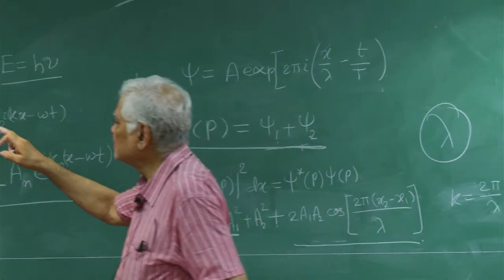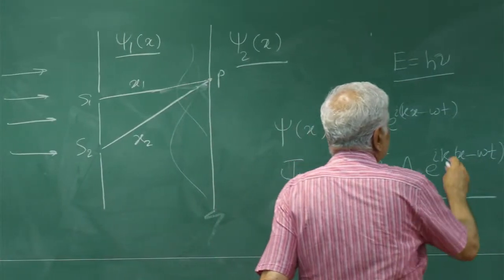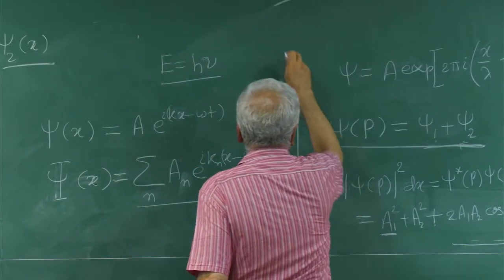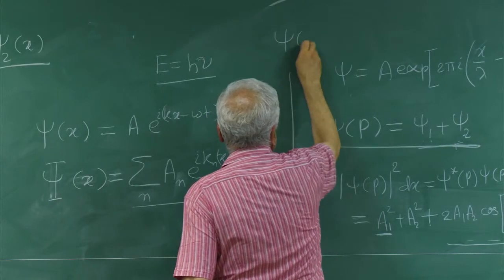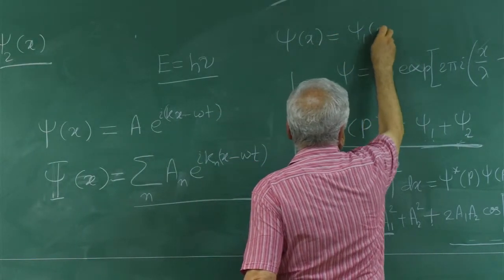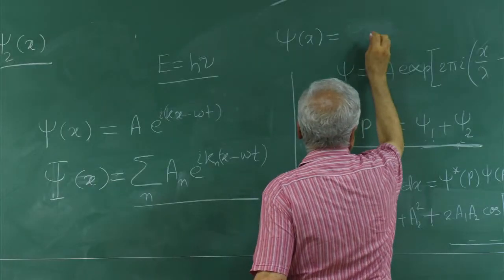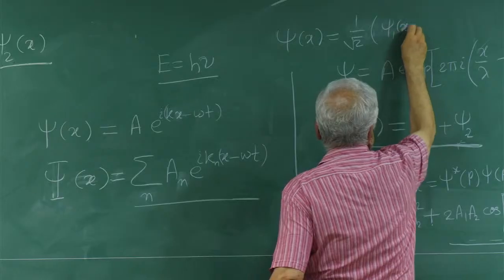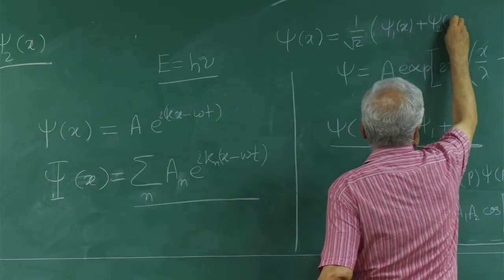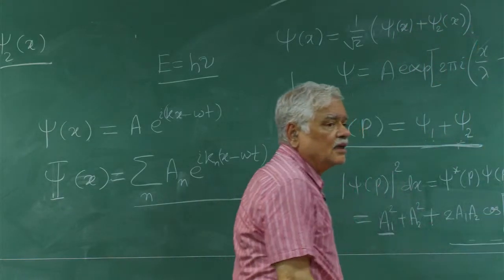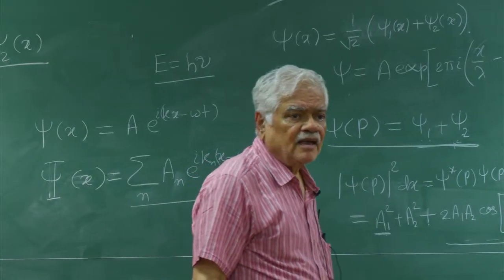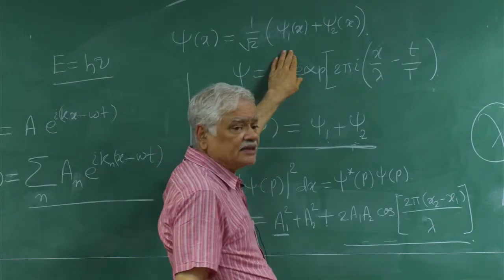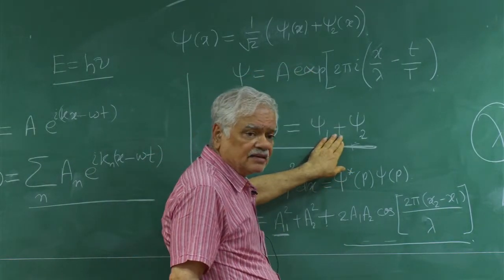When both slits are open, the state of the electron is psi1 plus psi2. So psi of x is equal to psi1 of x plus psi2 of x, and actually there is a normalization constant. This is the state when both are open.